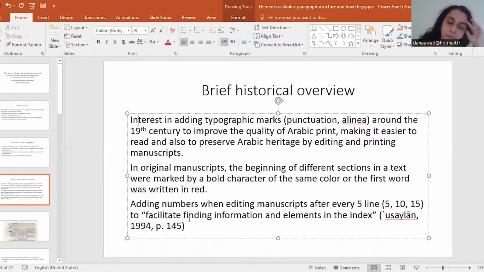And also, when we started editing, they thought about adding numbers on the side for every 5 lines. So on the 5th line, they wrote the number 5, then 10, then 15. And the reason for this was to facilitate finding information and different elements in the index, because when they edited the manuscript, they also added an index.